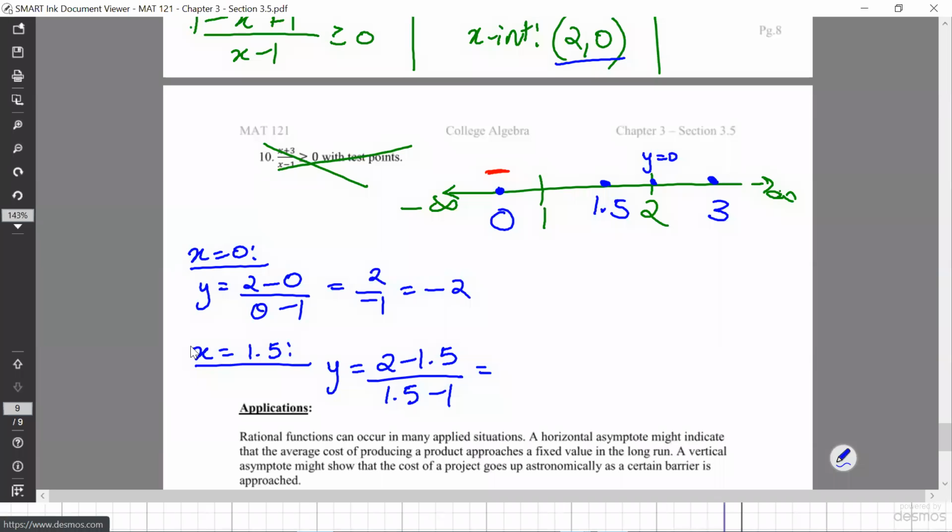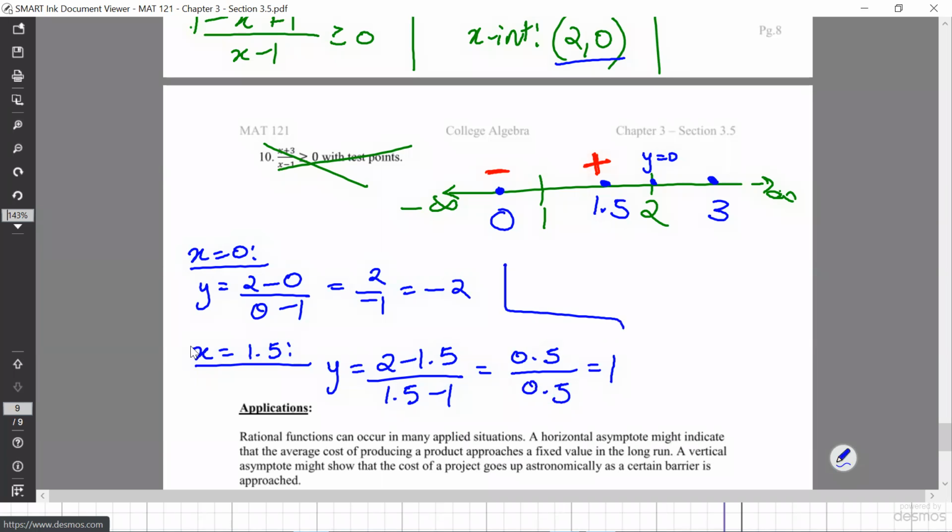Of course, 2 subtracted by 1.5 will be 0.5, and 1.5 minus 1 would also be 0.5, so it's the same number divided into itself. You will end up getting 1, but more importantly, a positive 1. So on this interval, the y value is positive.